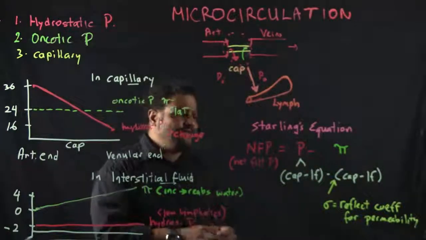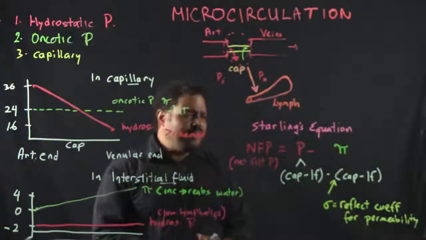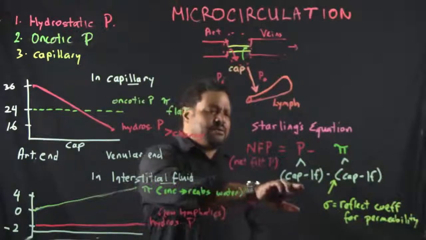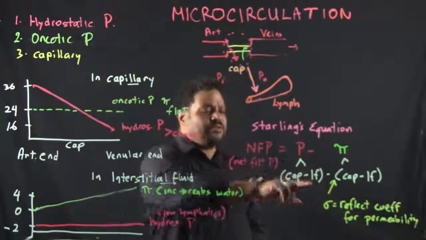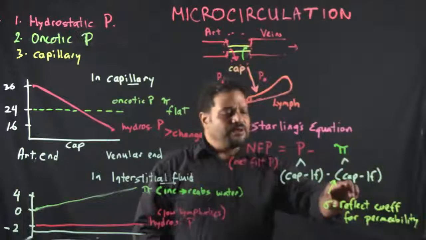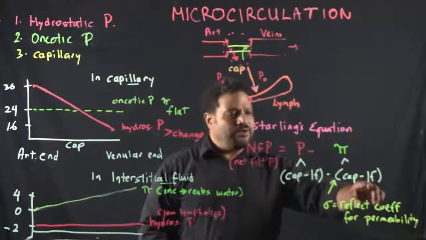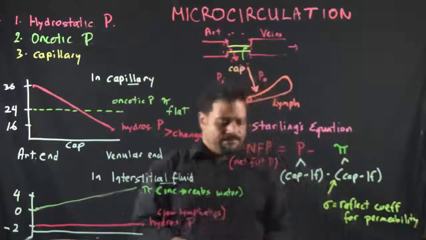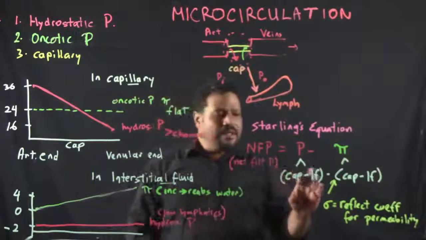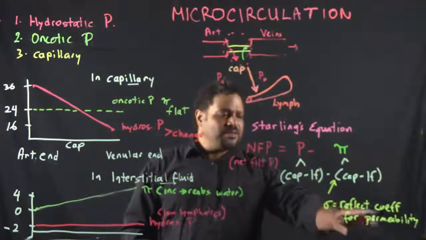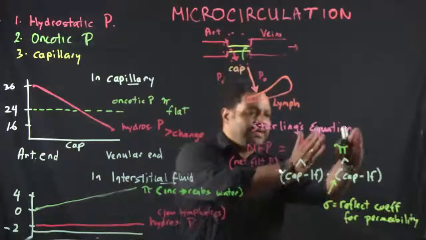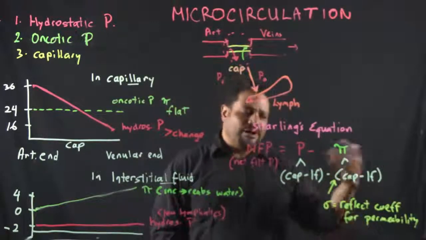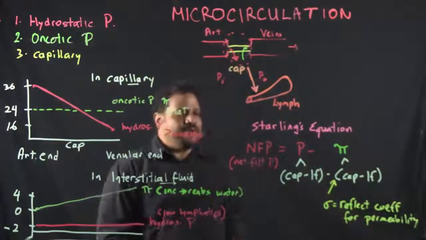For each of these, we plug in the hydrostatic pressure for the capillary minus the hydrostatic pressure for the interstitial fluid. And then for the oncotic pressure, we do the oncotic pressure for the capillary minus the oncotic pressure for the interstitial fluid, so capillary minus IF. Then we also throw in that reflection coefficient right before the oncotic pressure, so that the oncotic pressure can change depending on how permeable the capillary is.